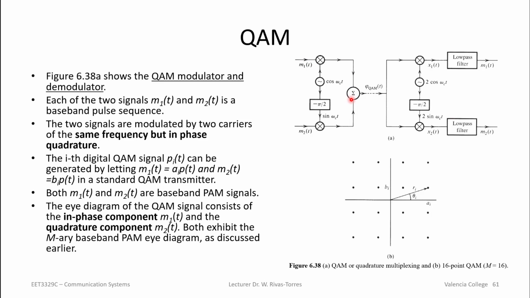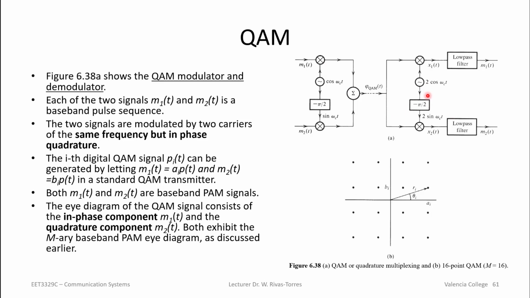You add them together. This is what you transmit: you feed your antenna with it, it goes over the channel, and then you demodulate it, and the demodulator is identical to the modulator.